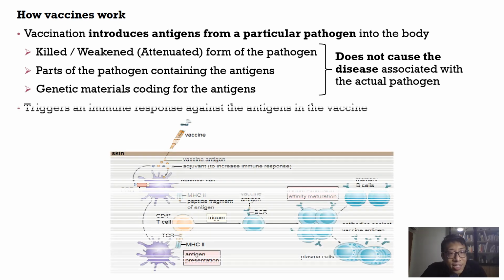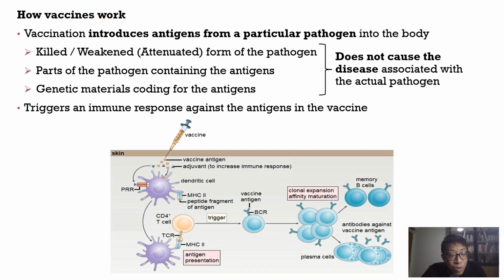And yet it can still trigger an immune response because the vaccines would be recognized as foreign, right? It does contain antigens of the pathogen. So the innate immune system will be triggered, which in turn, via antigen presentation, triggers the adaptive immune system as well, right? So all this you learned in part 1. I'm not going to repeat in so much detail.